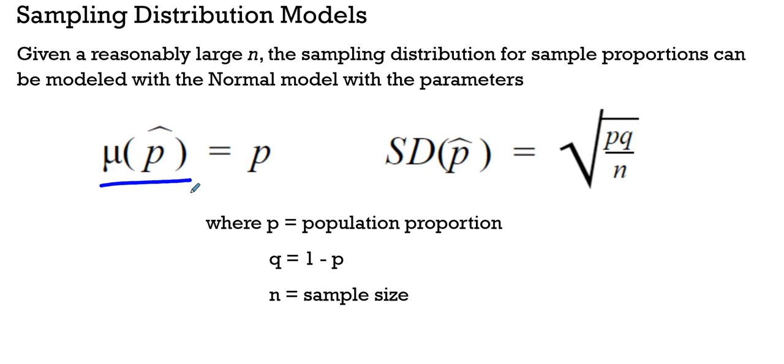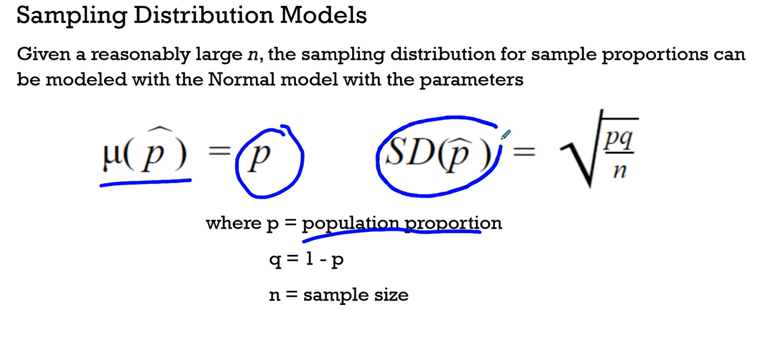So the mean of the sampling distribution is going to be the same as the population proportion, whatever that is. That's going to be the center of our distribution. The standard deviation of our distribution, that's what changed as the sample got bigger.